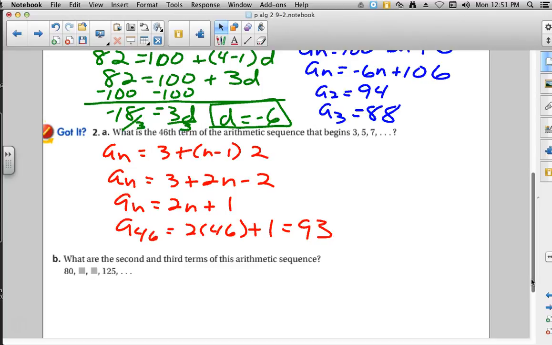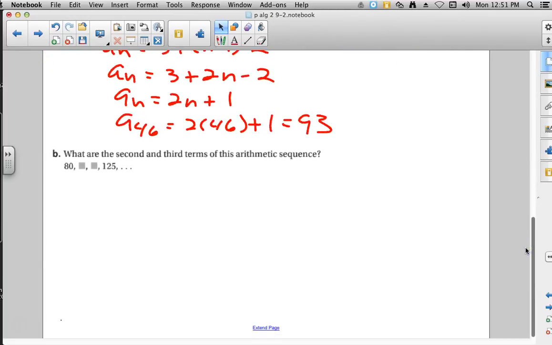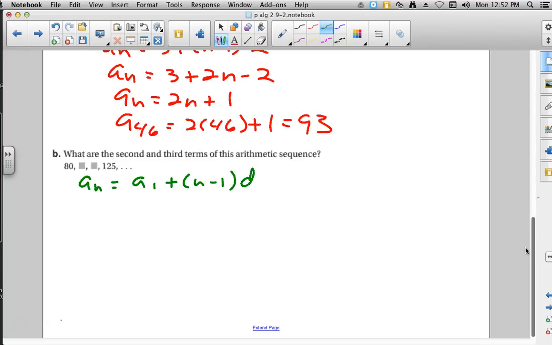If you want to use the formula, that's 4 minus.